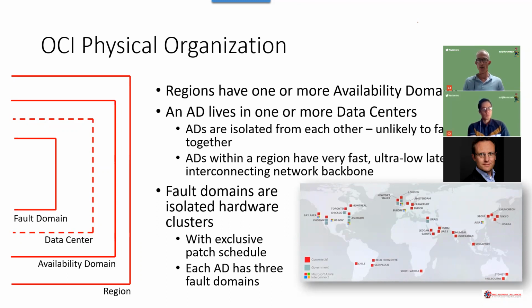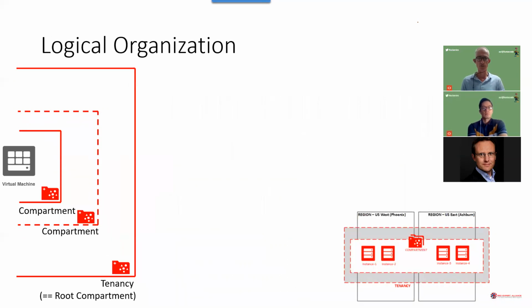So you can specify that multiple instances in a cluster should run on different fault domains, and chances of these fault domains failing at the same time are very small. And each fault domain has its own mutually exclusive patch and maintenance schedule. Each availability domain has 3 of these fault domains, exactly 3. That's not something that you can define yourself.